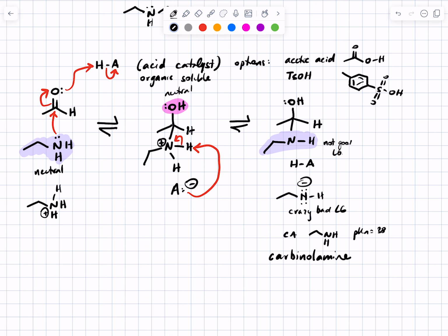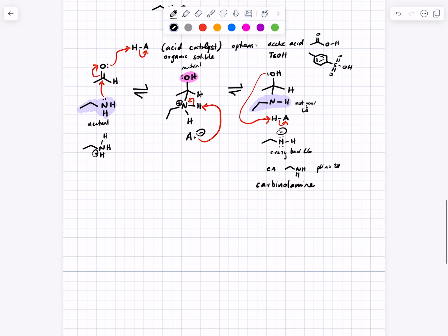Instead, lone pairs on the oxygen can attack the acid, and that will generate the following intermediate, which looks like this. And you can see that acid catalysts are really useful because they change who the good leaving group is.